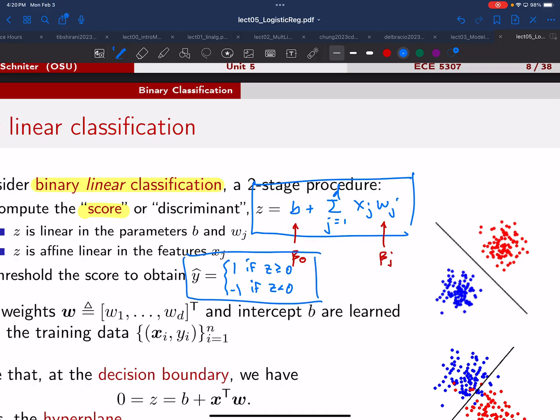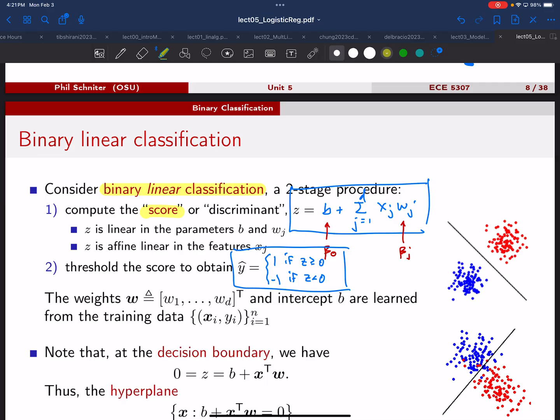Okay, so those are the two steps in the process of linear classification. Assuming you have already designed these coefficients b and the different w's, you use your test features to give you your test score, and then you threshold that score at 0. If it's above 0, you report 1. If it's below 0, you report minus 1. And now your target predictions are guaranteed to be 1 or minus 1.